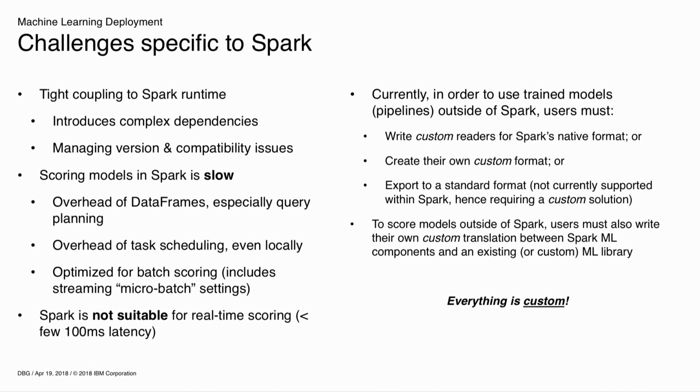You need to write your own custom format. You need to typically write a translation layer, which will take that model and put it into your own machine learning library. And you either need to write your own machine learning library for scoring, or, as some have done, Netflix has actually done this, for example. Or you need to somehow do a translation between Spark and turn it into H2O or scikit-learn or something else.